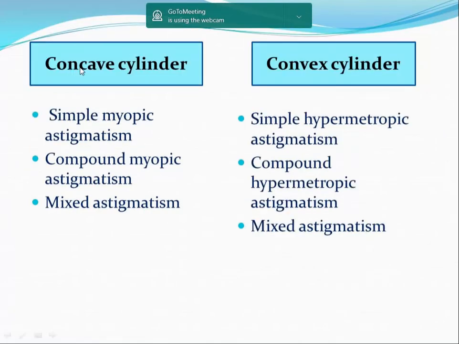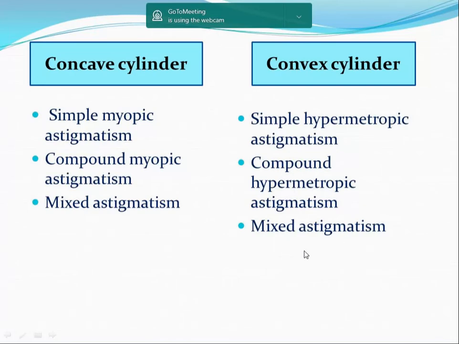We will go to the uses of cylindrical lenses. Concave cylinders are used in the treatment of simple myopic astigmatism, compound myopic astigmatism, and mixed astigmatism. Convex cylindrical lenses are used in the treatment of simple hypermetropic astigmatism, compound hypermetropic astigmatism, and mixed astigmatism.